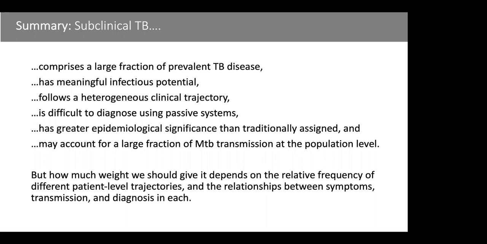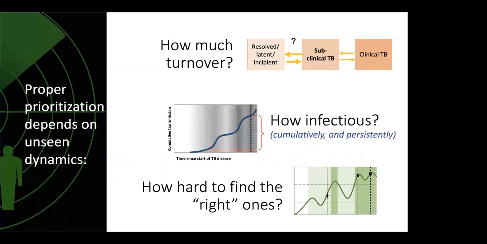And so how much weight we give to it depends on understanding the relative frequency of these different patient level trajectories and the relationship between symptoms, transmission, and diagnosis on each of those trajectories. To put this another way, I think prioritizing subclinical disease properly depends on these unseen dynamics in terms of turnover. How much is it resolving without either spending a lot of time in this state or progressing to clinical disease?